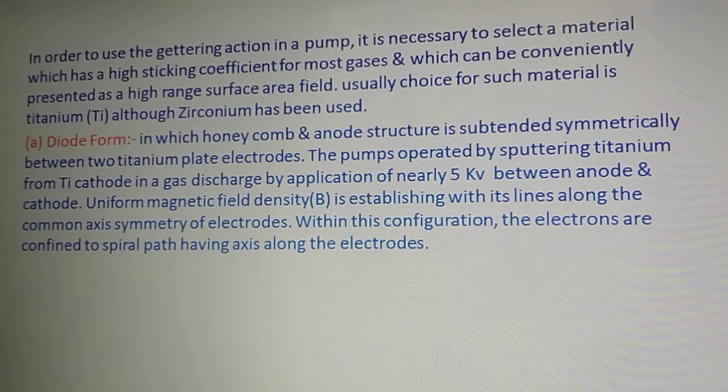So this sputter ion pump is of two types, diode form and triode form.